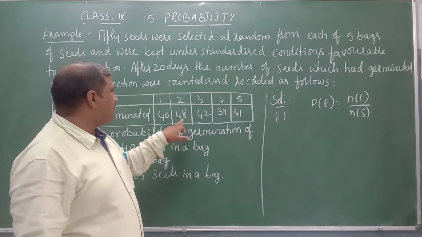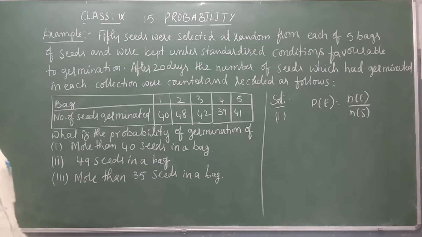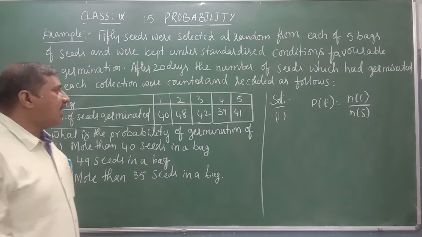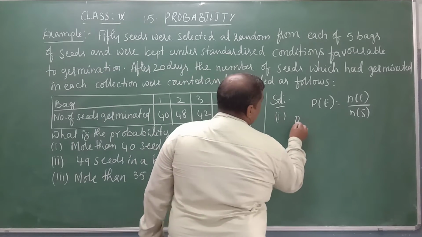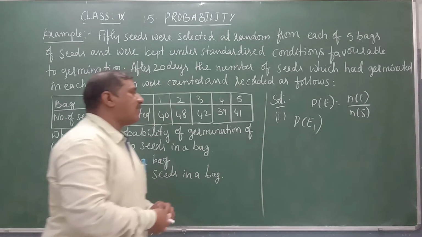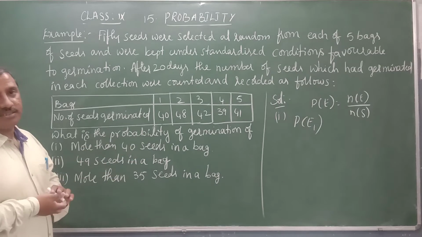So more than 40 means 1, 2, 3. 3 bags are there. Take E1 to stand for the event of more than 40 seeds germinating.